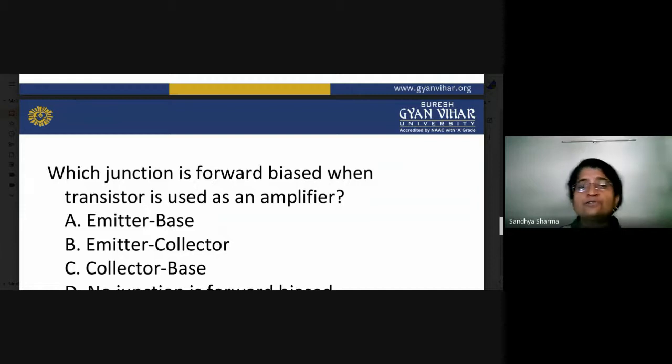So you have to know the basic properties or basic configurations in which our amplifiers work out. Which type of forward bias transistor is used when you want to make an amplifier, and in which configurations your transistor has to work, because you also use transistors in designing an operational amplifier. At the initial level you are starting from your transistor.